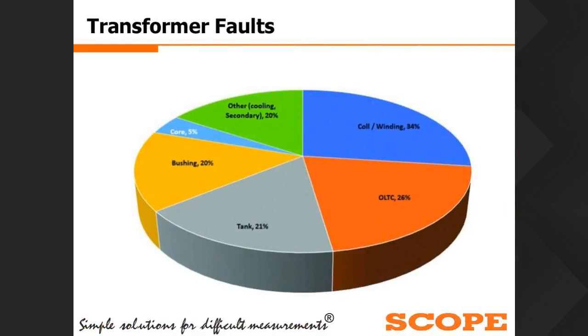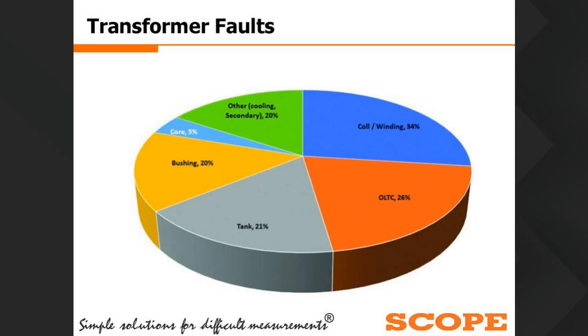Similarly, I have taken this data also from an IEEE paper. Here you can see the major parts, and about 26% of problems in transformers occur due to damage or problems in the OLTC. Then winding failure or winding damage causes 34% of faults.